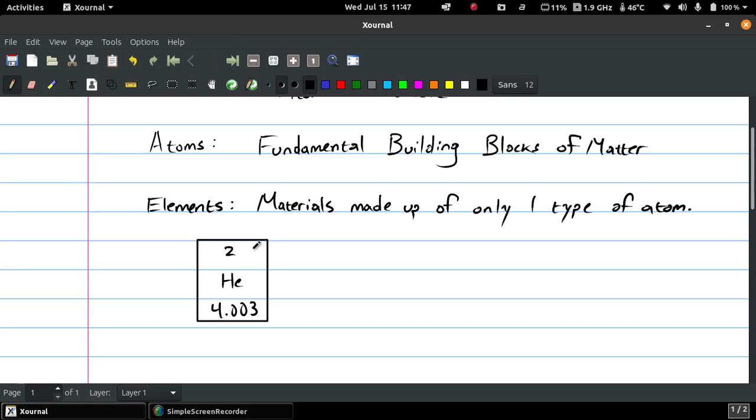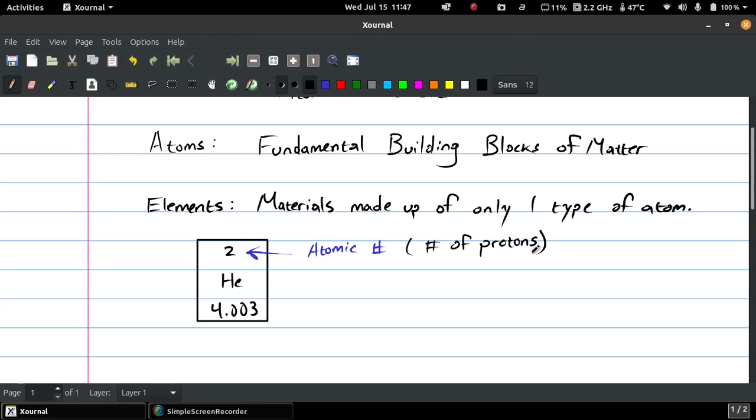You'll notice that there's a symbol in the middle and two numbers. So on top, we have what is referred to as the atomic number. So the atomic number refers to the number of protons that is in this element.